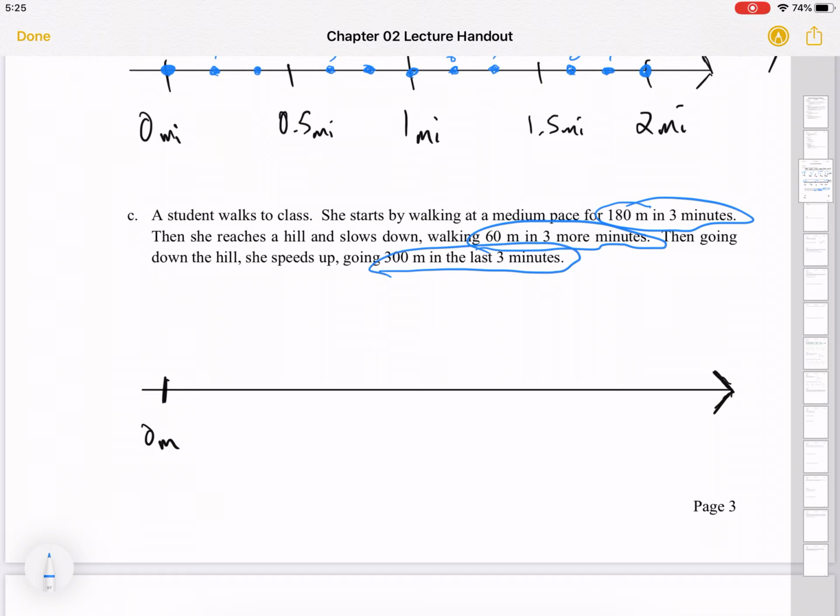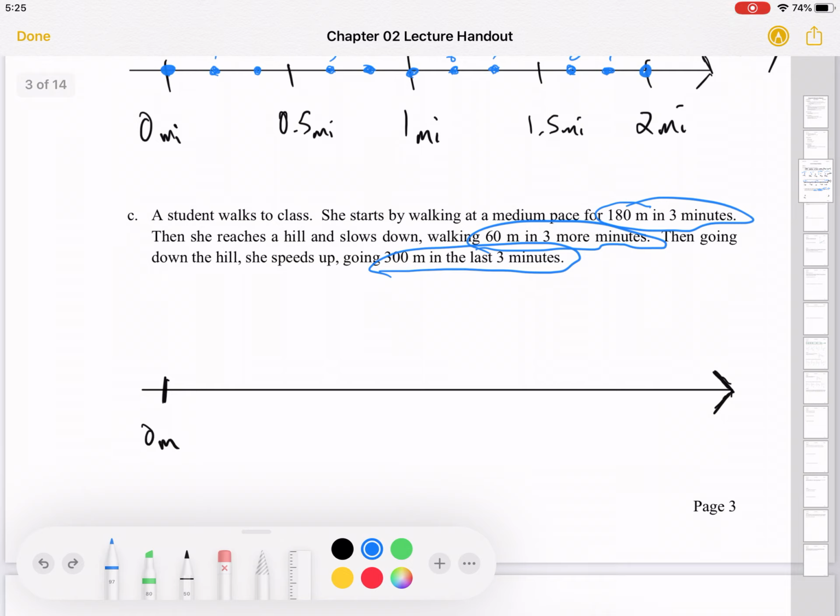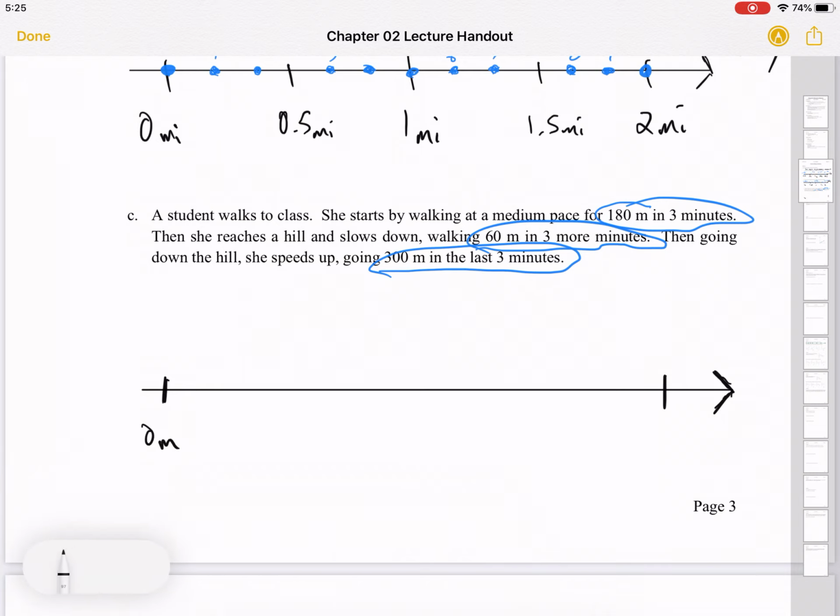So 180 plus 60 plus 300, what is that? That's 540, I think. Yeah, 540. So that's 600 meters total. And that defines my scale.